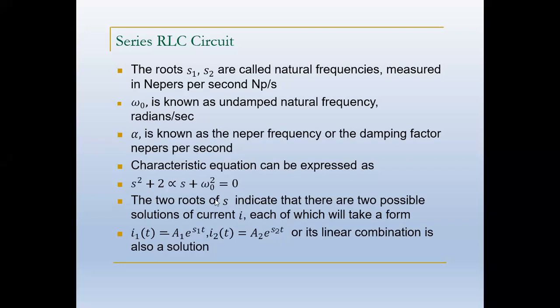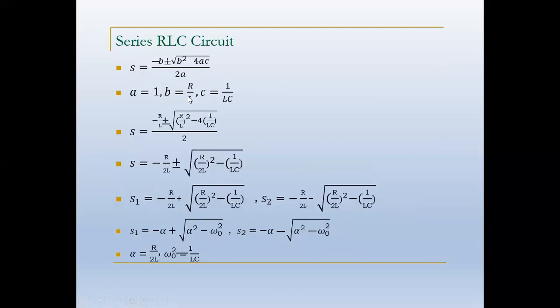For the characteristic equation, we must first know how the values can be identified. We put the values of A, B, C into s, and after solving we get two roots, because of the plus or minus sign.